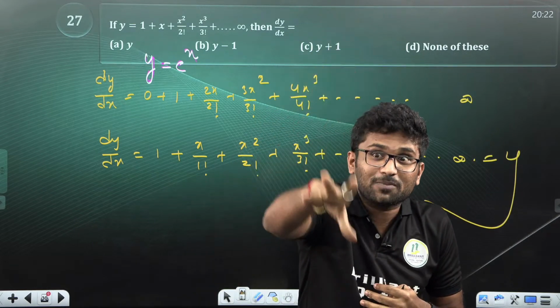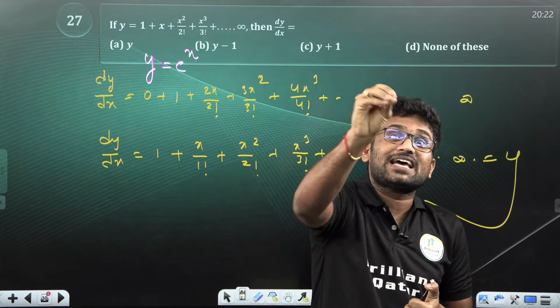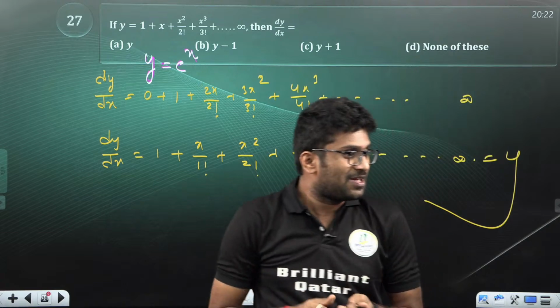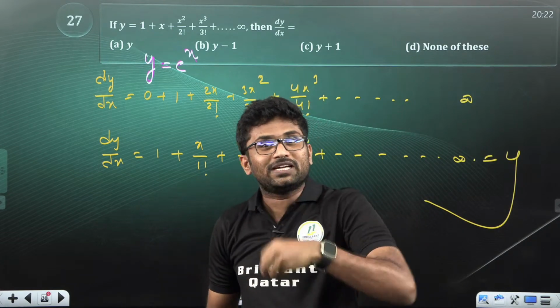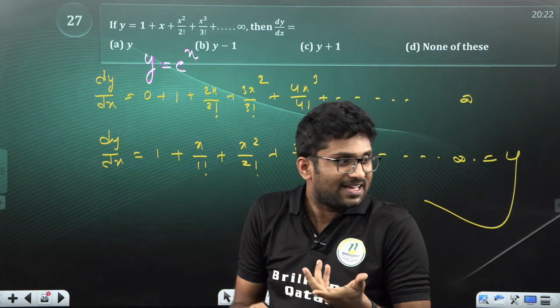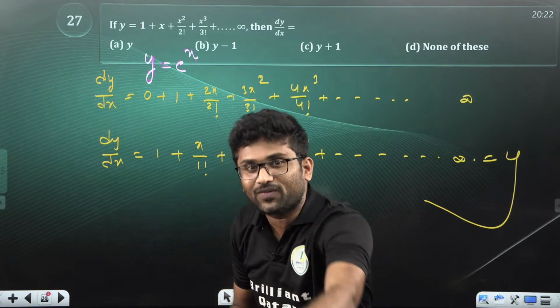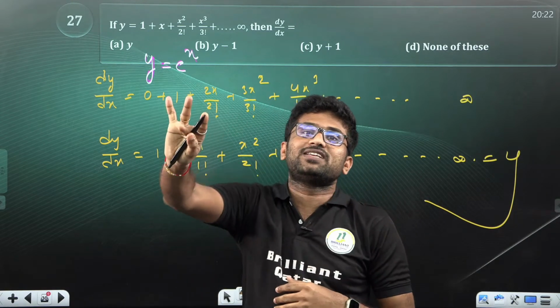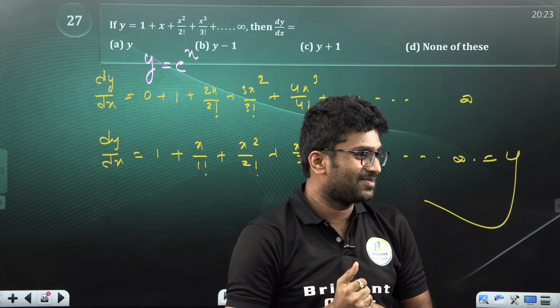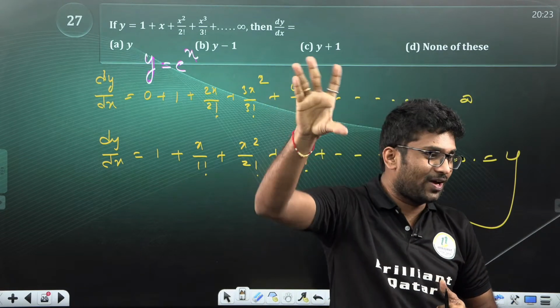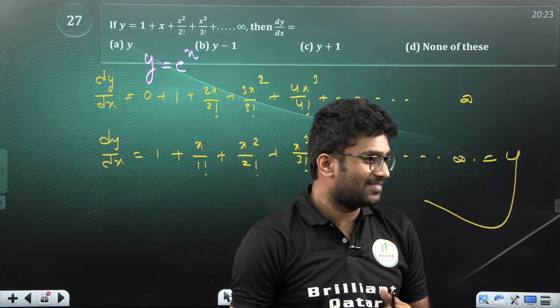That is nothing but something like e power x. How many times you shoot him, e power x remains the same. Shooting means differentiating. How many times you differentiate the given function, nothing changes in e power x. You can remember this fact. I hope you got this math logic.